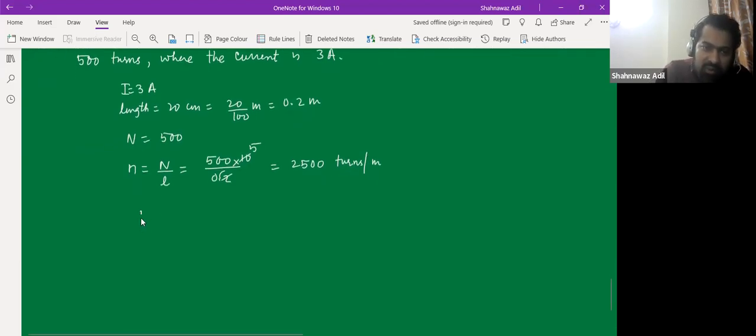Then we can calculate the magnetic field. This magnetic field would be mu naught n I. What is the value of mu naught?